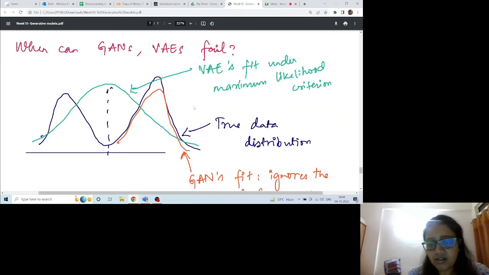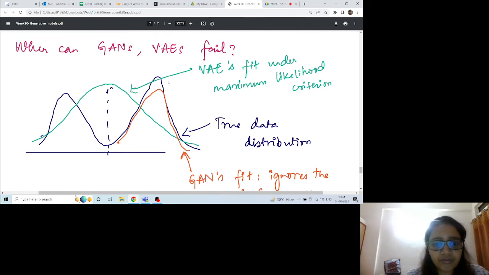And the last thing in theory today is that GANs and VAEs have a notorious habit of failing under certain circumstances. And note that from what I've seen, this is not a solved problem yet. Various researchers are working on arresting this failure. Suppose you have a multimodal distribution like this.